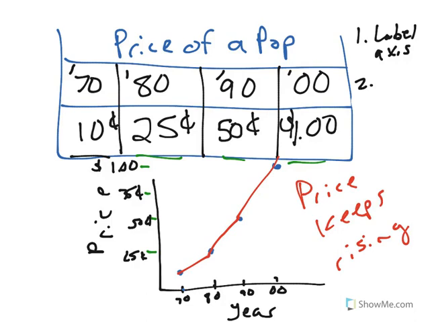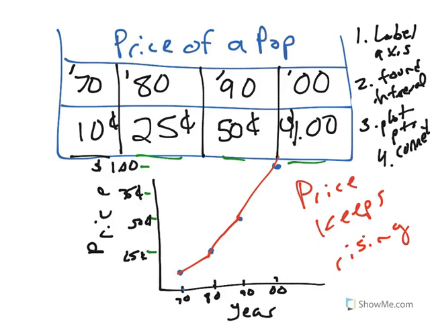So our steps were, we labeled the axis, we found the interval we were going to use, we plotted points, and then we connected them.